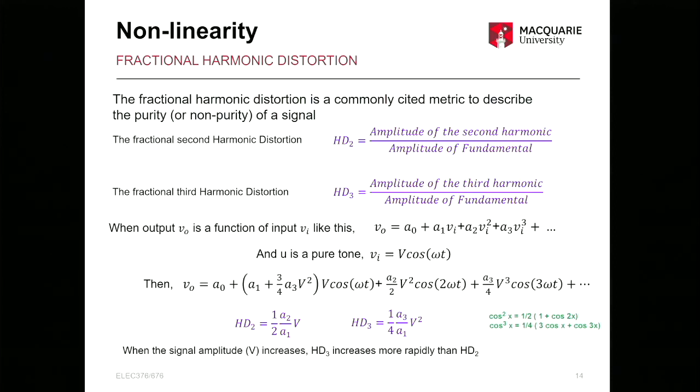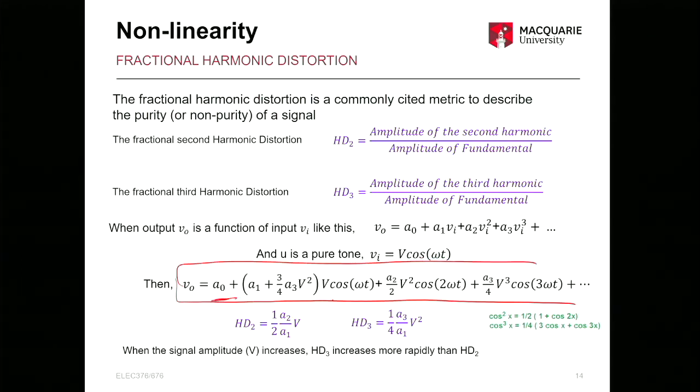When you have an equation like that, V0 is equal to the DC part plus the cos omega t, which is the fundamental, the second harmonic, the third harmonic. If you want to find HD3, the amplitude of the third harmonic is this one, and the amplitude of the fundamental is this one. So find the ratio of that.